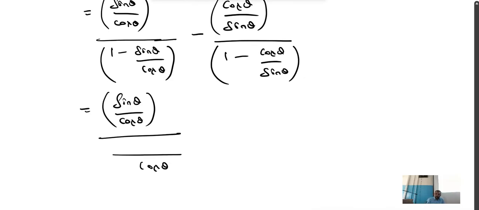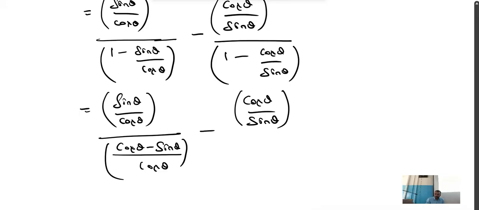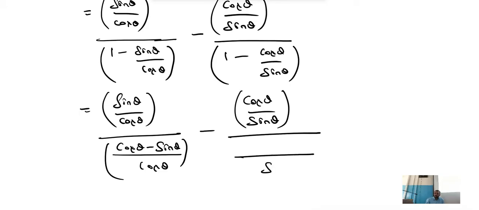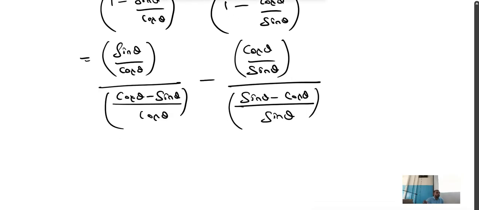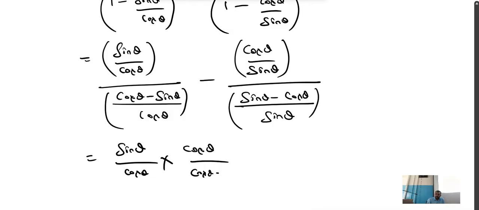Cos theta, cos theta minus sin theta, minus cos theta by sin theta. LCM sin theta, sin theta minus cos theta. Now what should we do? We should take it to the numerator. Correct? Sin theta by cos theta into cos theta by cos theta minus sin theta.